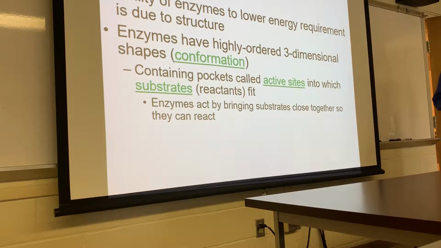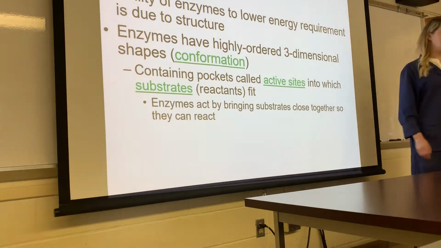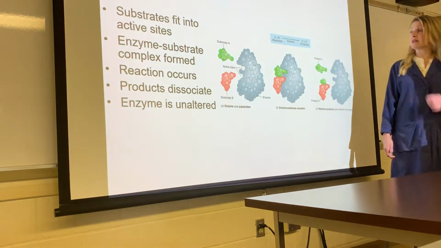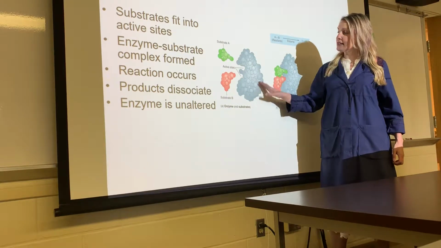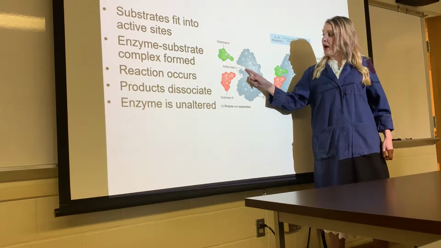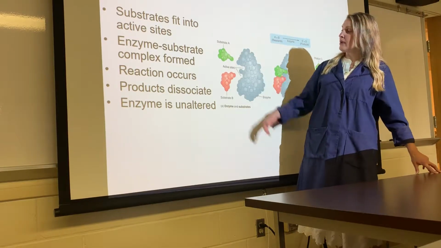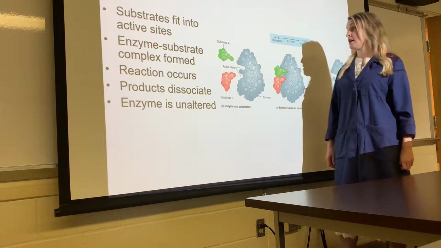Yeah. All right. Okay, so enzymes act by bringing the substrates close together so that they can react. And so this diagram shows what this would look like. This blue structure is the enzyme itself. These little pockets are the active sites. And of course, the green and the red little structures are our substrates or our reactants.